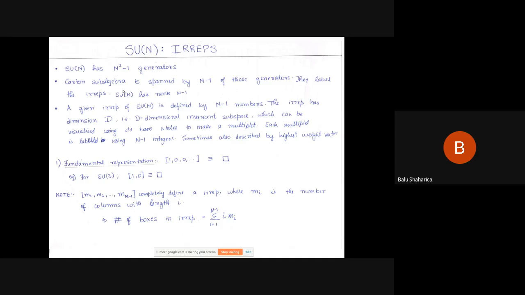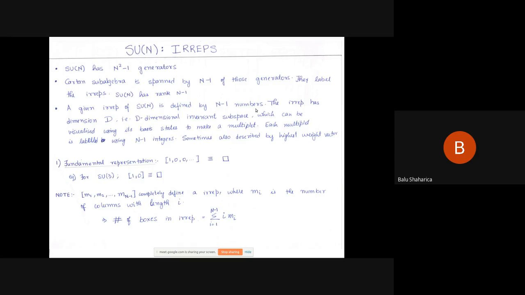I haven't read a lot about the irreps of SU(N), but it's given that an irrep of SU(N) can be defined by N minus 1 numbers, where one of them is the highest weight vector. Like an irrep can be described by the highest weight vector.